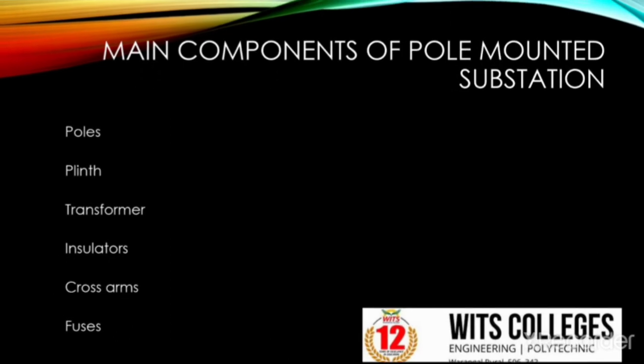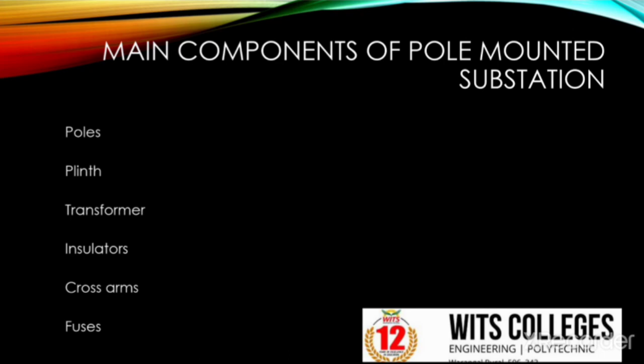So let us discuss what the main components of pole mounted or plinth mounted substations are. There are different main components, like poles. Why do we prefer a pole as a main component? The poles may be of steel type, with a length of about 8 meters to 12 meters.